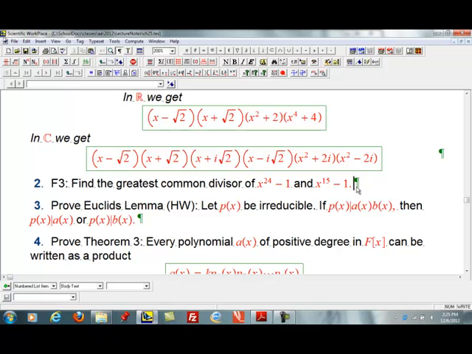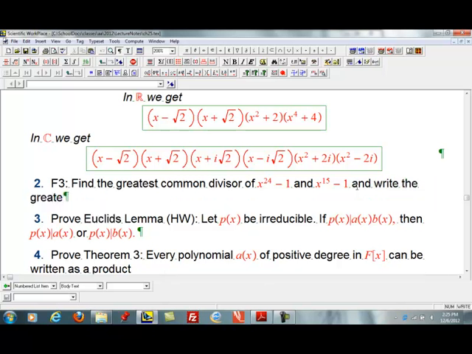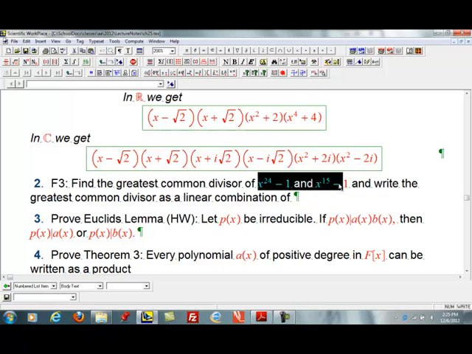And you have to do that for your solution. So we're going to write it as a linear combination of the two values. This is where you'll be somewhat thankful you actually have this program, because you can actually make the program do the division for you.